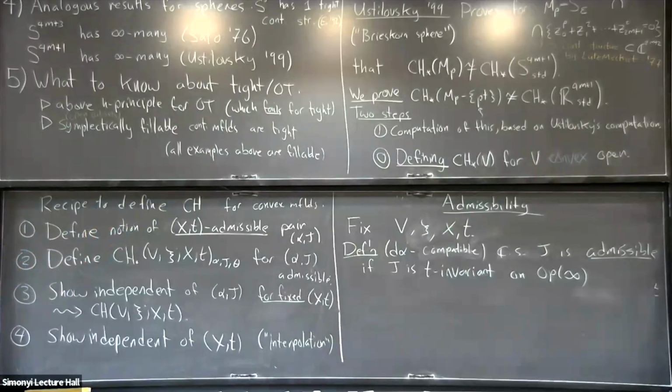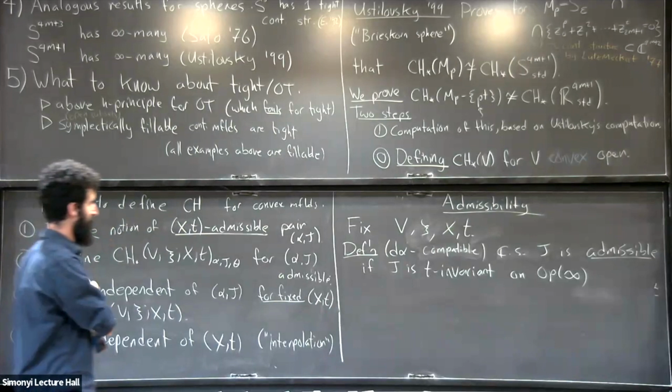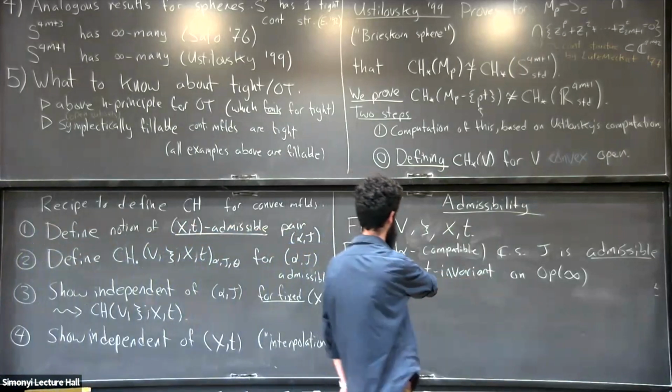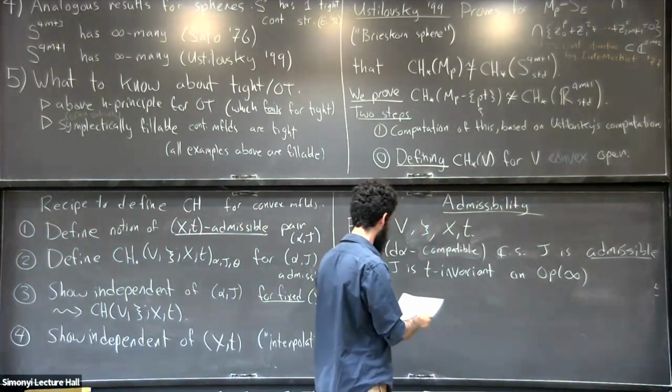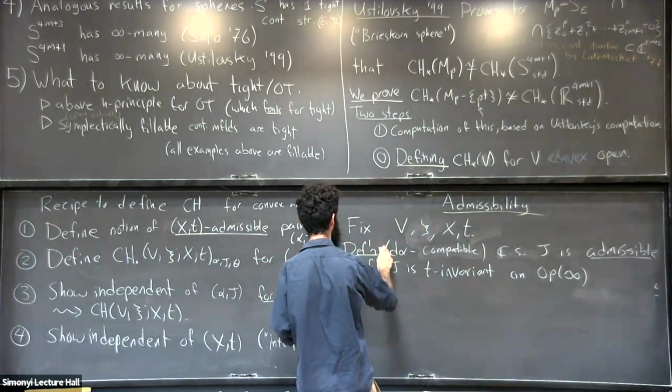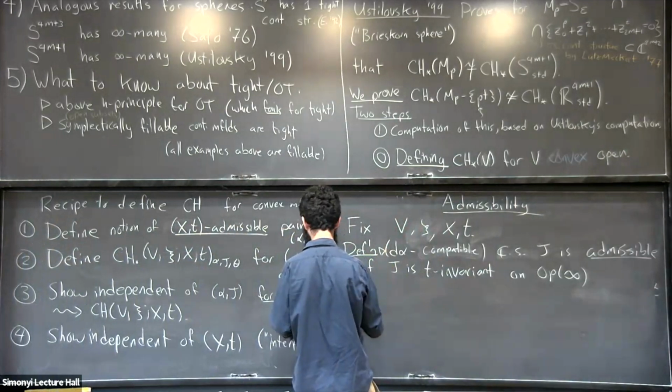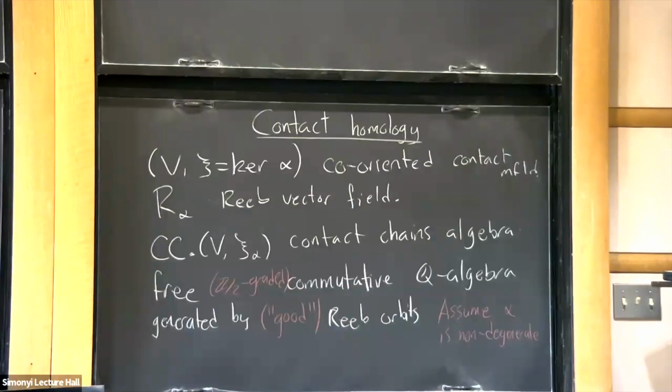It's not on the board anywhere. You have a cylindrical end, so you know what it means for J to be T invariant. And for alpha, which again, as usual, we demand be non-degenerate, is admissible.